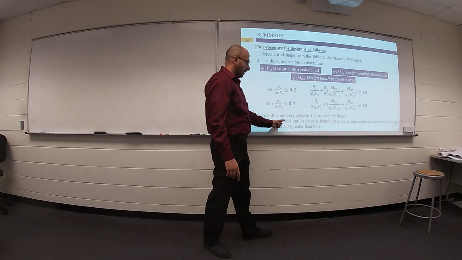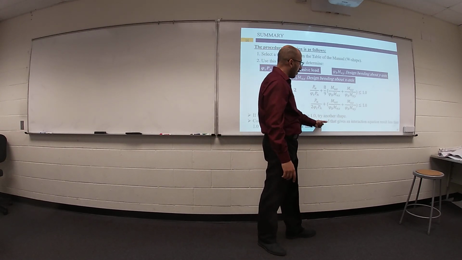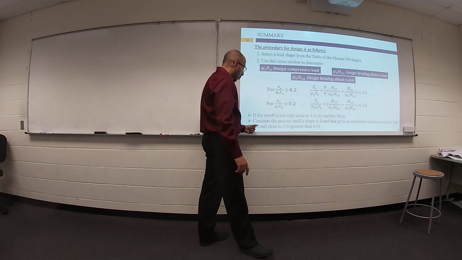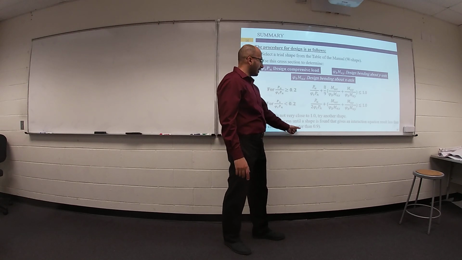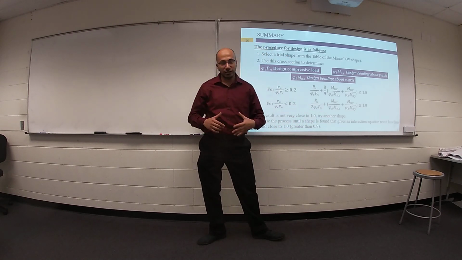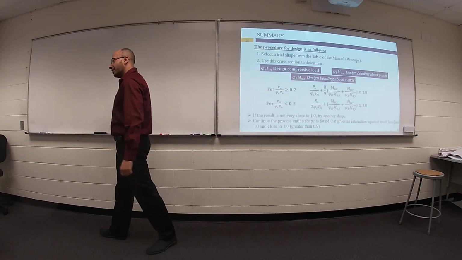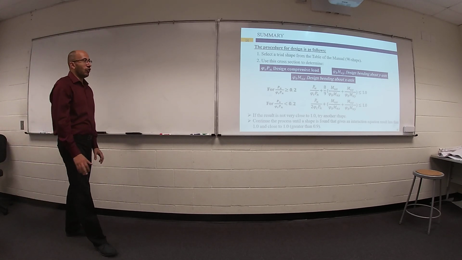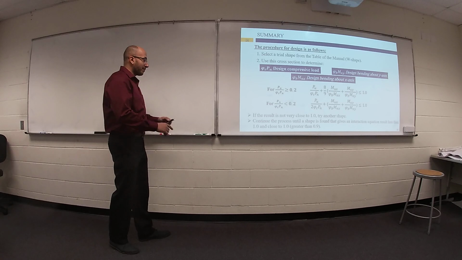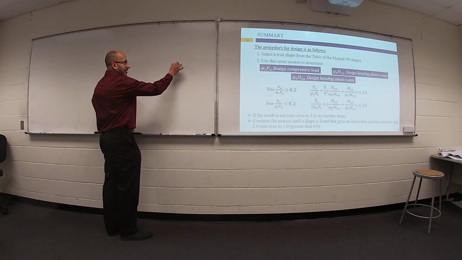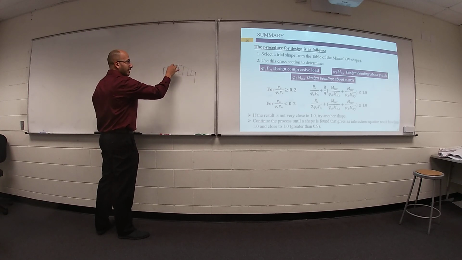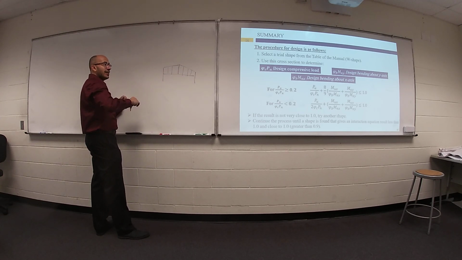Continue the process until a shape is found that gives an interaction equation result less than 1 and close to 1, greater than 0.9, 0.91, 0.99, that's fine. Any question?